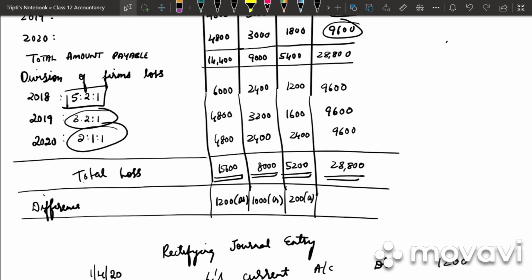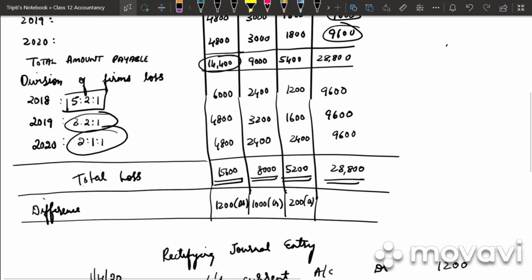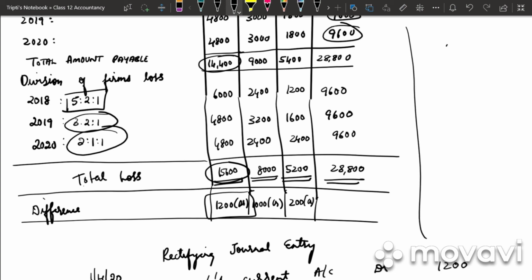So in this case, whenever the interest on capital is less than the loss which has been suffered by the firm, it will be a debit balance. But in case of the drawings account, if the interest on drawings was 14,400 and the total of the division was 15,600, whatever balance we get will be credited.